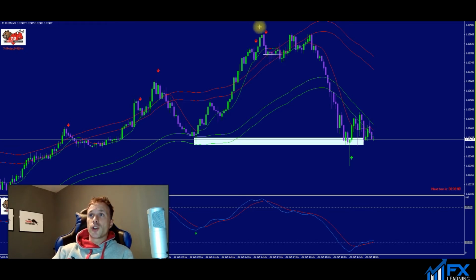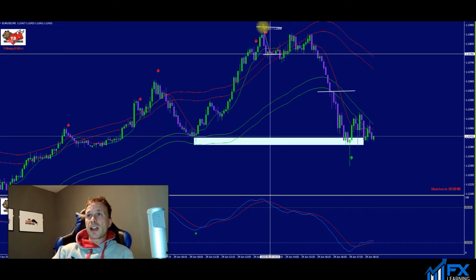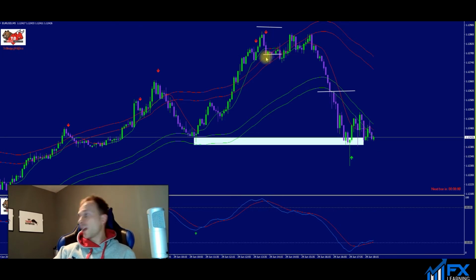Our stop loss obviously above the high, and that easily would have hit maybe targets down here somewhere. That would probably be around a 10 or 12 pip stop loss. And this trade is still going now to 36 pips. So that's a good, nice little trade there.